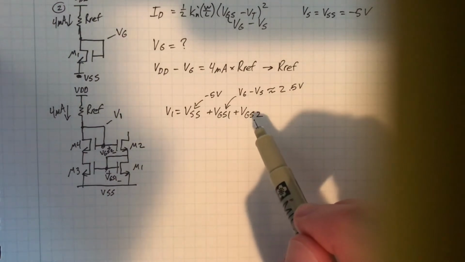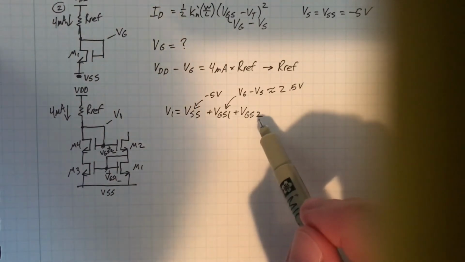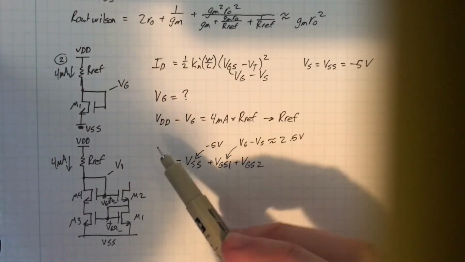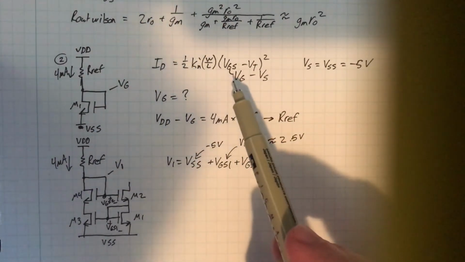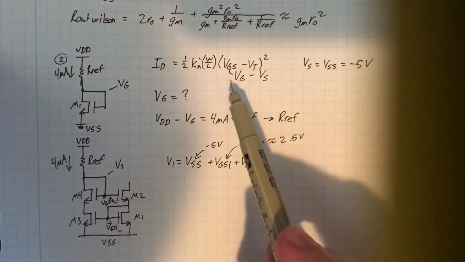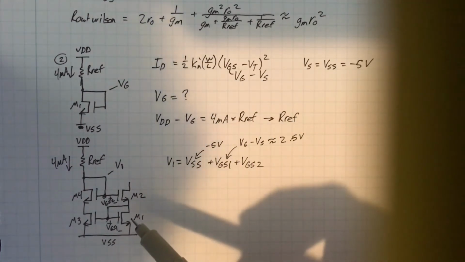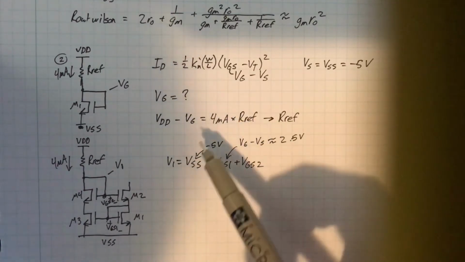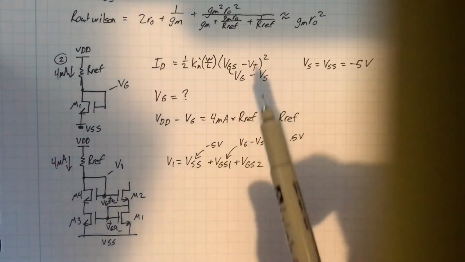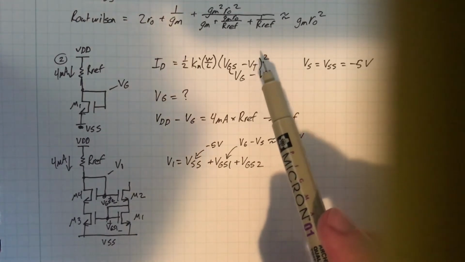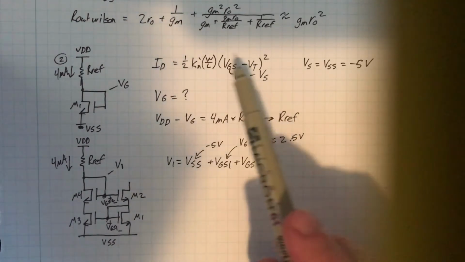Now, at a quick glance, you might think VGS2 is equal to VGS1. It has the same current. The inputs to this equation are the same, so why wouldn't it have the same VGS as the bottom transistors? But you have to remember body effect. Body effect changes the threshold voltage. So actually all the input parameters are not the same.